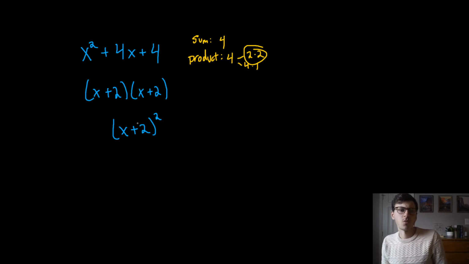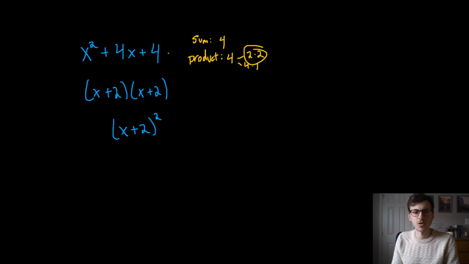Now the pattern that I want you to see here is that if this last number is a perfect square, so some perfect squares might be 4 or 9 or 16, 25, 36, right? 49, 64, 81, 100.